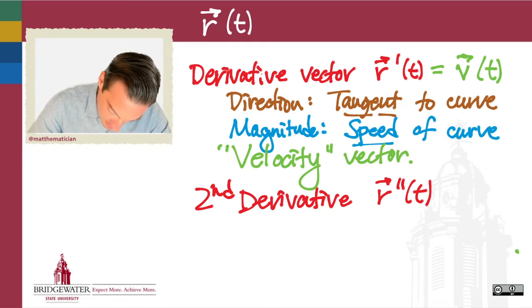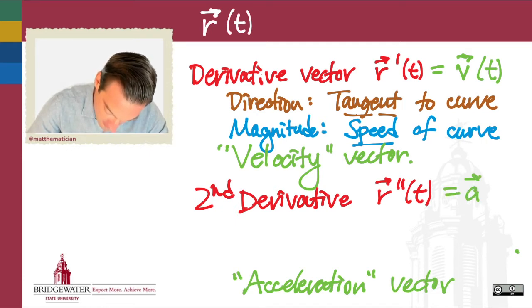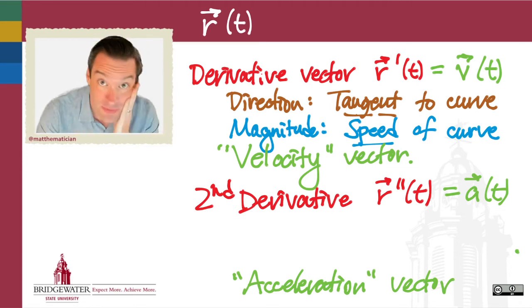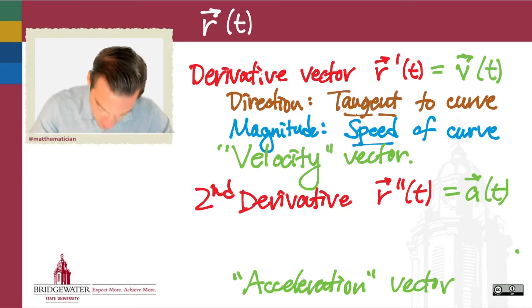Again, taking our cue from physics, the derivative of a velocity is typically called an acceleration. And so that is where we get an acceleration vector from, and we'll call it a of t in this case. The cool thing about the acceleration is that it tells us how the velocity is changing.